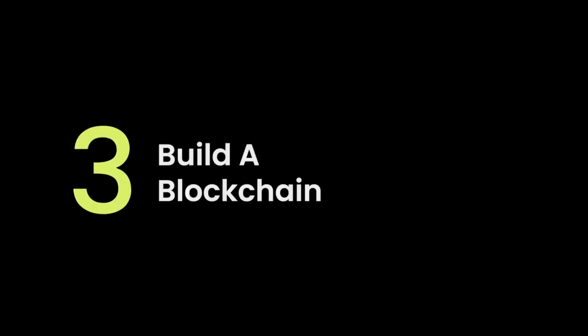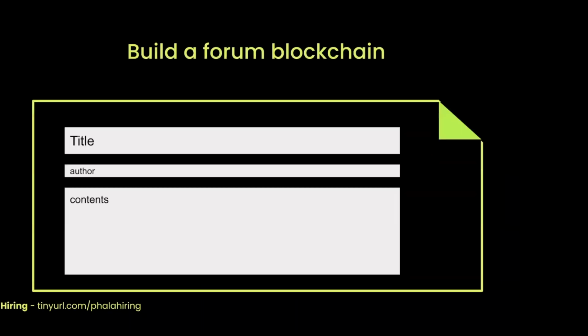Okay, so the next session is to build an actual blockchain. For this part, we have built a very simple blockchain, which is just a forum. There's only a single function, which is to post a thread on the blockchain.